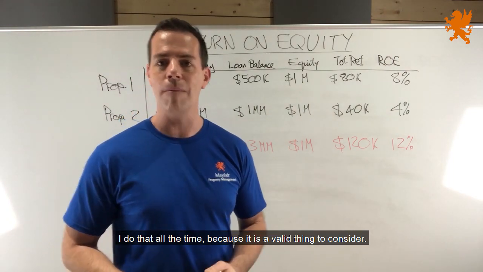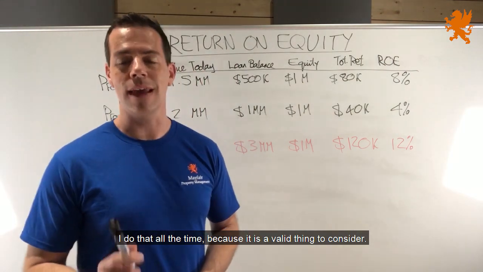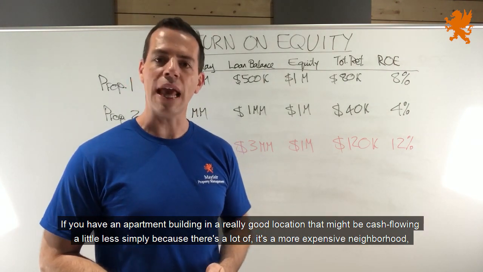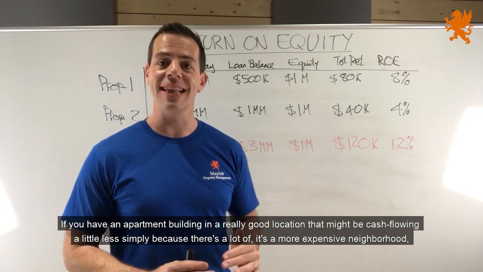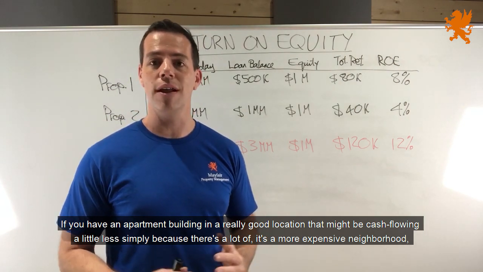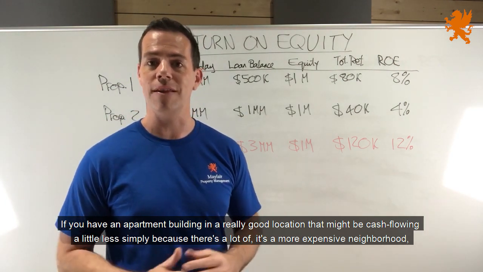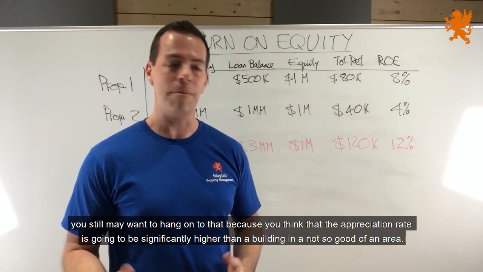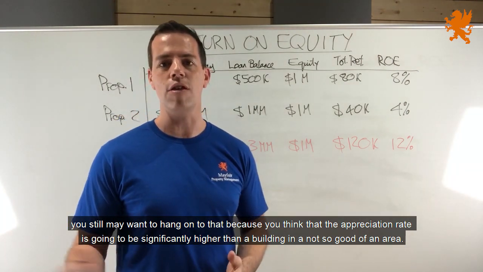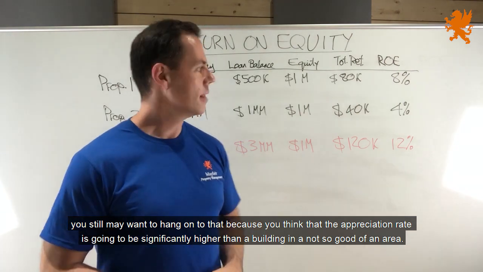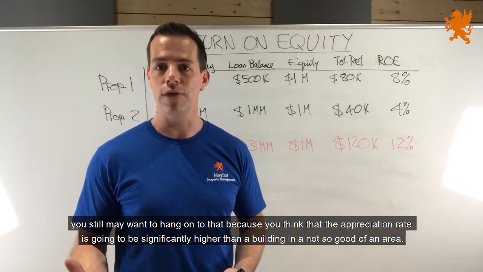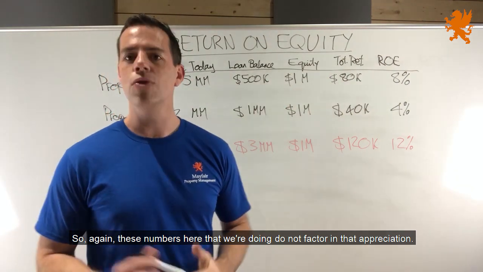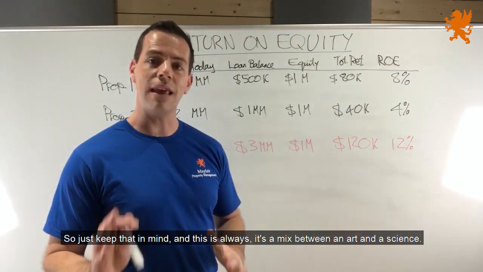I do that all the time because it is a valid thing to consider. If you have an apartment building in a really good location that might be cash flowing a little less simply because it's a more expensive neighborhood, you still may want to hang on to that because you think that the appreciation rate is going to be significantly higher than a building in a not so good area, right? So again, these numbers here that we're doing do not factor in appreciation.